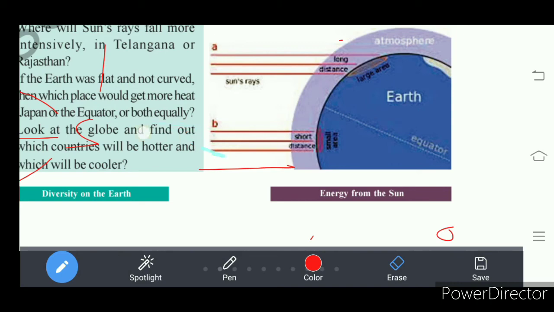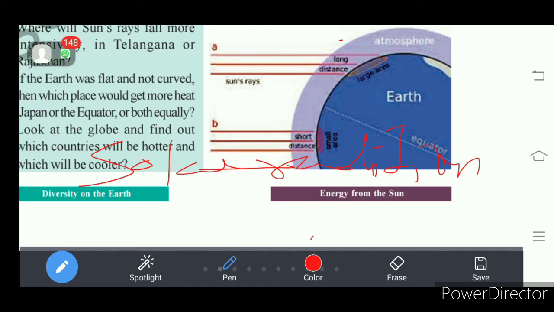So the sun is a powerhouse. Constantly the sun emits heat and light in the form of sun rays, that is what we call solar radiation. And this solar radiation is more or less constant. As we find some months are cold and some months have low temperature, it is not because of low solar radiation.